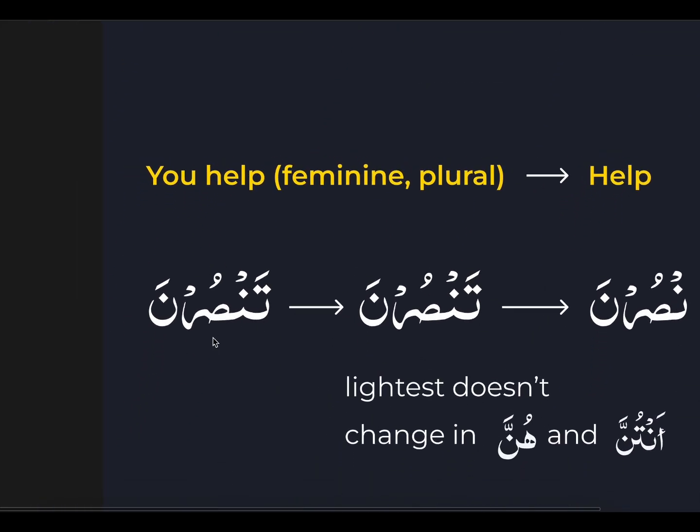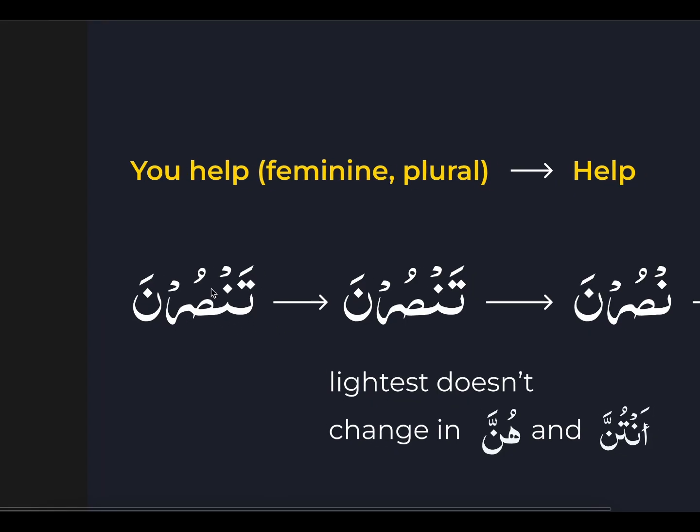Tansurna means you all feminine help. Anta tansuru, antuma tansurani, antum tansuruna, anti tansurina, antuma tansurani, antunna tansurna. So this is the antunna version. How do I make it lightest?